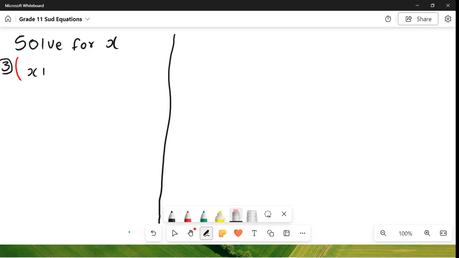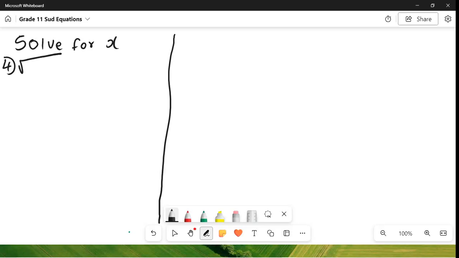We want to solve for x here. Now we're going with the square root of 2x plus 5. This is example number 4.